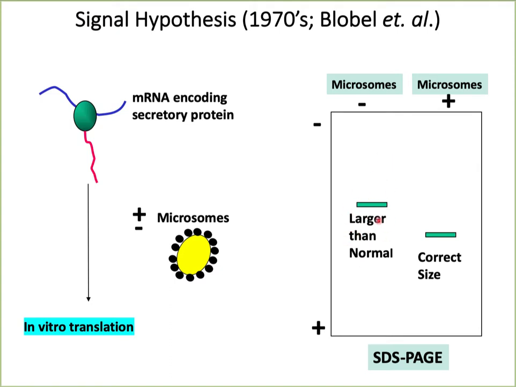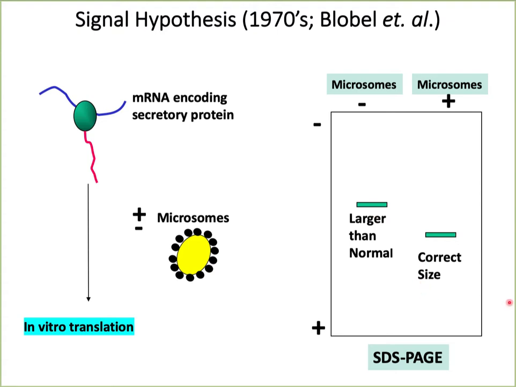That's the reason that they are higher in molecular weight. On the other hand, in the presence of microsomes, the signal sequence is cleaved off by the signal peptidase, so the protein is shorter. That's why it migrated on the polyacrylamide gel a little bit more. So the molecular weight of this is less compared to that. So this is basically the overview of the idea.